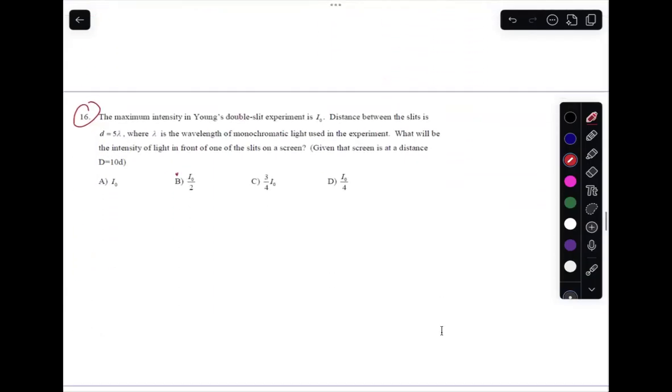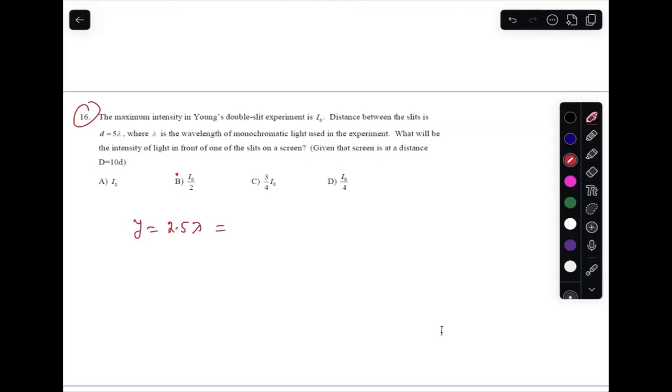Maximum intensity in Young's double-slit experiment is I naught given. Distance between the slits D is equal to 5 lambda. What will be the intensity in front of one slit? In front of means the y location of that is 2.5 lambda, because total is 5 lambda, so D by 2.